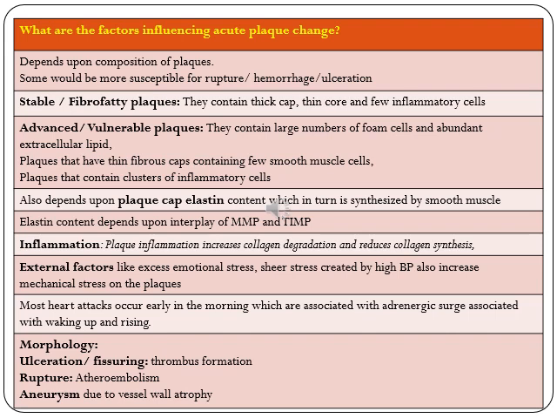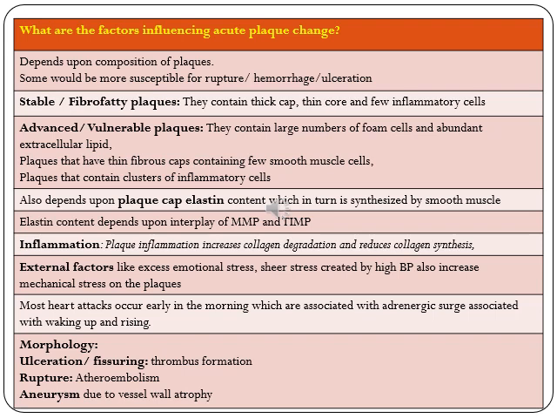Starting with fibrofatty or stable plaques, as the name suggests, these plaques are fibrofatty, so their fibrous cap will be thicker and the central lipid core will be thin, and there will be few inflammatory cells. As compared to advanced or vulnerable plaques, these have a large number of foam cells in the center, and there is abundant extracellular lipid.